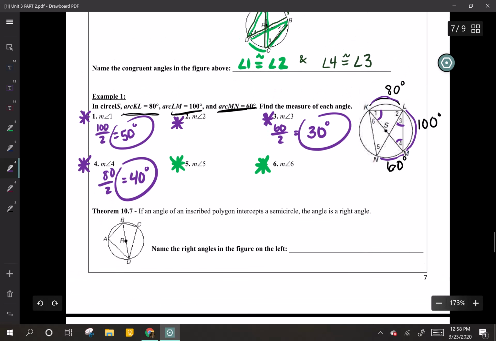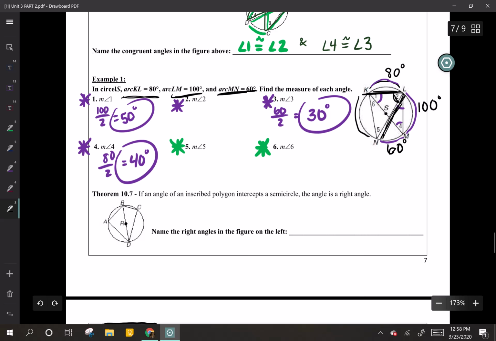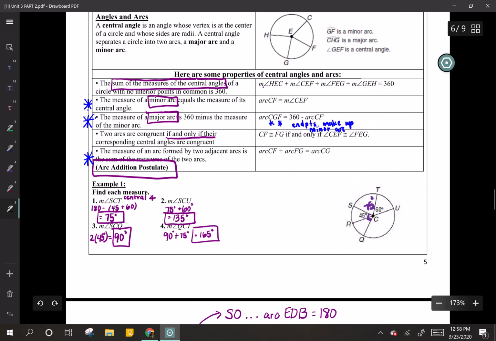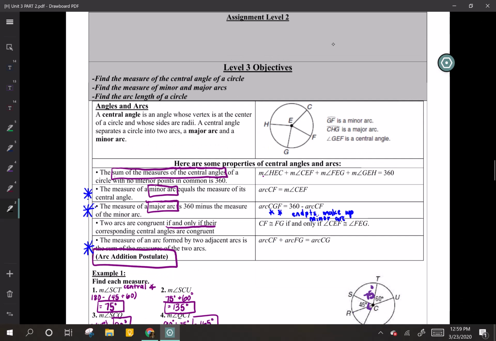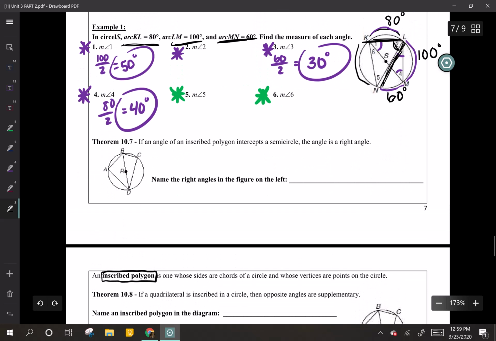In number 2, you're also going to do a quick division problem, but before that, we actually need to solve for arc KN, because if you look at the diagram, here's angle 2 right here, and angle 2 actually intercepts right here. In the problem, they didn't give us arc KN, but if you remember all our rules from level 3 regarding arc measures, I could use the arc addition postulate, which tells me this small arc KN is just 360 minus the sum of all these other arcs over here.